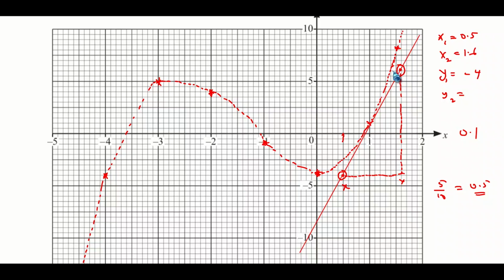It's a little bit more than 6, but I can take it to be maybe 6.1 or just 6. So let's take 6.1. So these are the values I need to use to calculate the gradient.